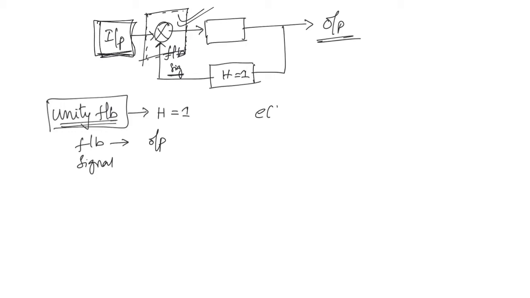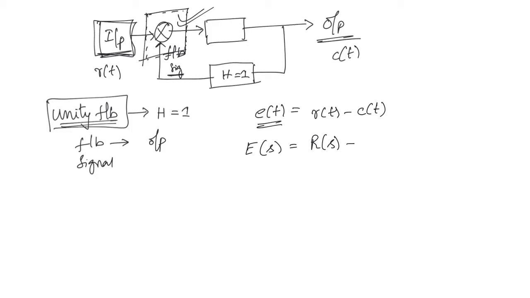So the error we can write as, let us say the input is R of t and the output is C of t. The error E of t will be equal to R of t minus C of t. If you express it in terms of the Laplace transform, then E of s is equal to R of s minus C of s.